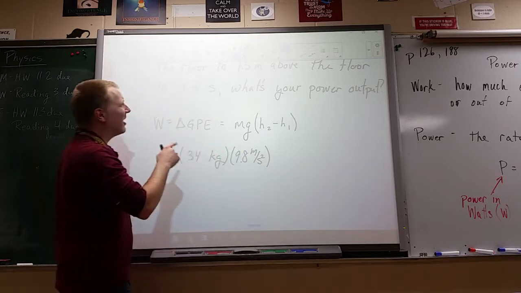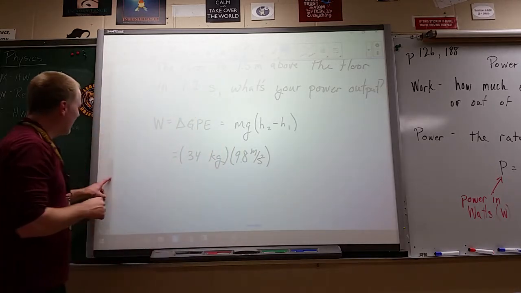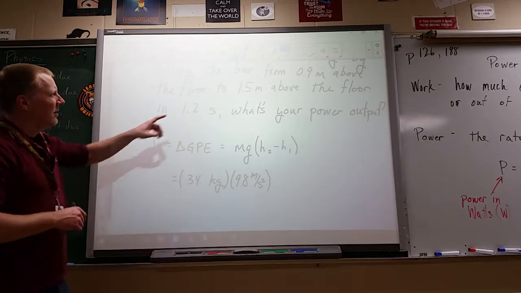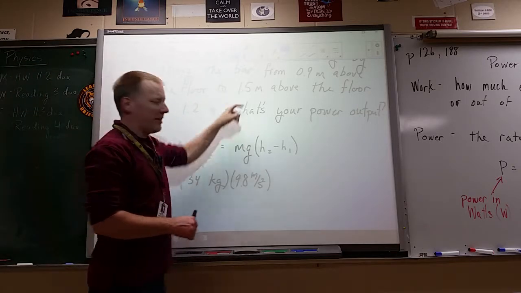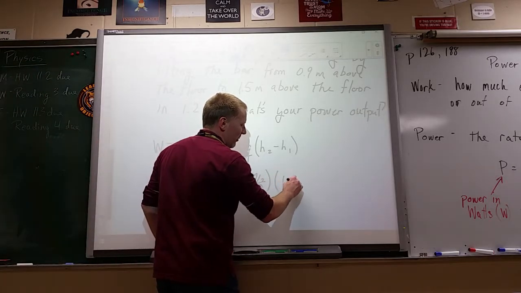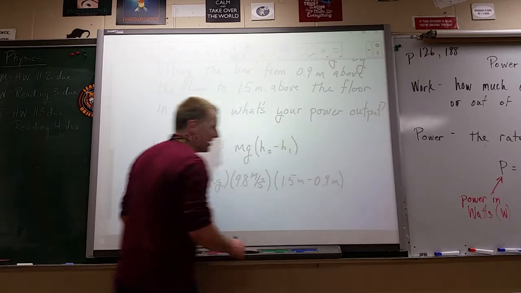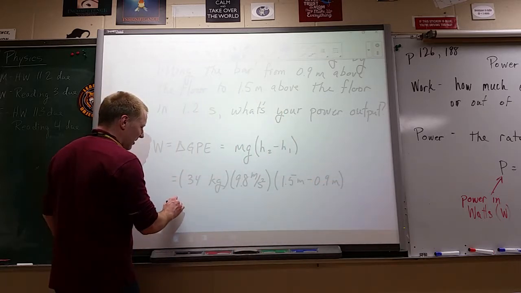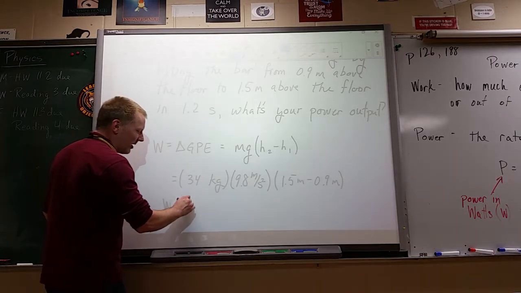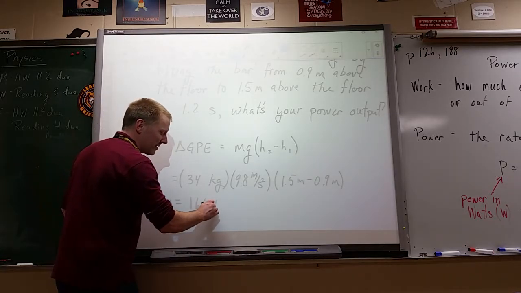The change in height goes from 0.9 to 1.5 meters, so we could write it out, 1.5 meters minus 0.9 meters, which is equal to 0.6. And so the work done would be 166.6.